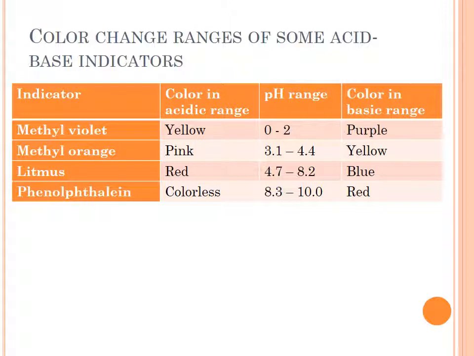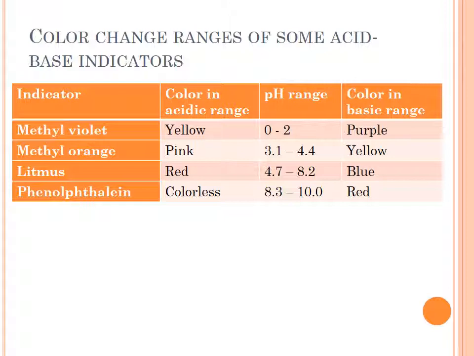Methyl orange is going to be pink in an acidic range, and it's going to be yellow in a more alkaline range than 4.4. You kind of look for the end point to happen at an orange point, which happens between 3.1 and 4, and so that would be your end point.